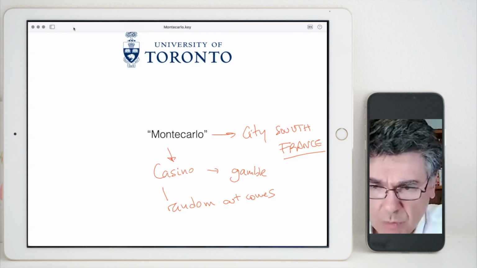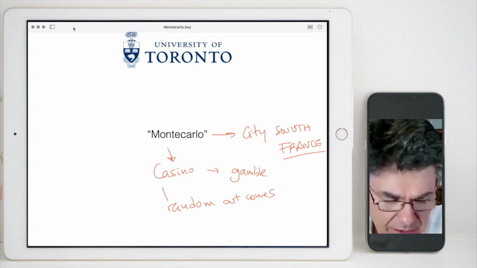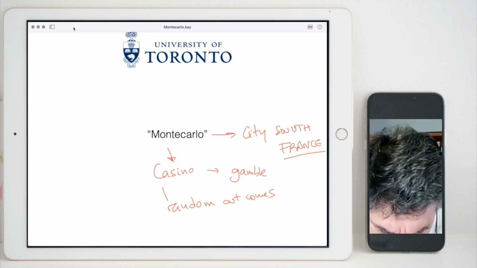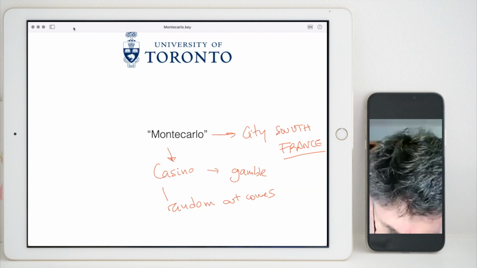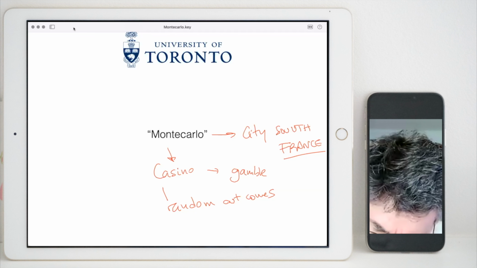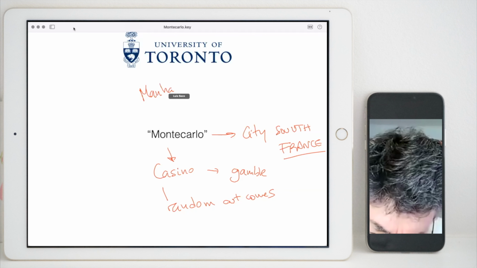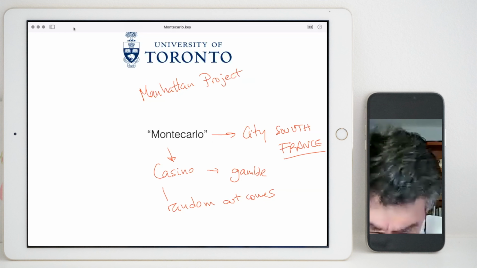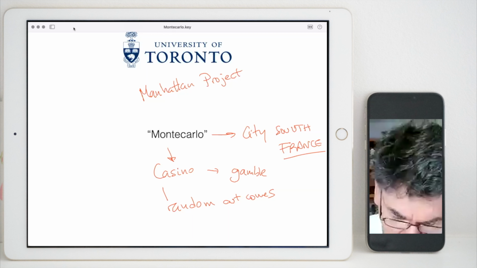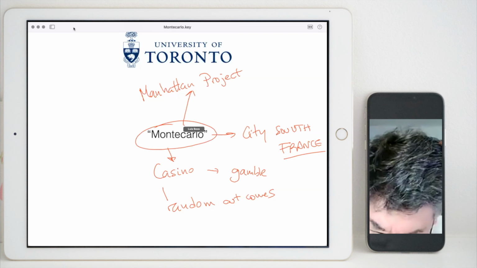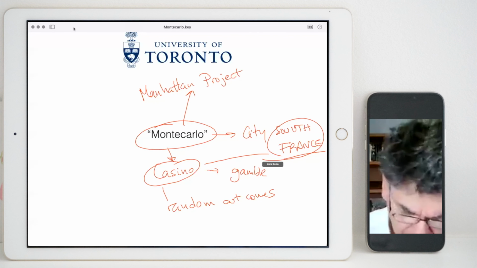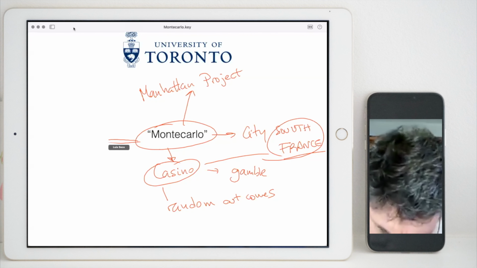The mathematicians and the physicists that were doing what's called the Manhattan Project referred to the simulations with a code name Montecarlo, which has to do with a casino in southern France. This is the reason. Okay, so since then, Montecarlo has become a synonym of simulations.